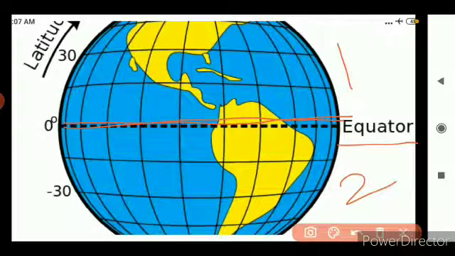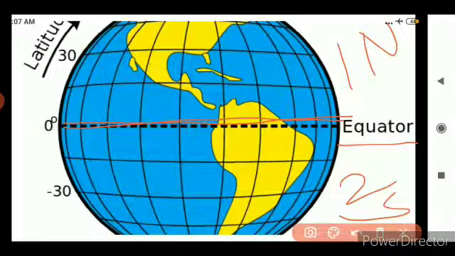It divides the globe into two equal parts, that is the northern hemisphere and the next one is the southern hemisphere. What is the next one? Southern hemisphere. This is a globe, children. You can see the largest horizontal line which divides the globe into two parts. What is the first one?